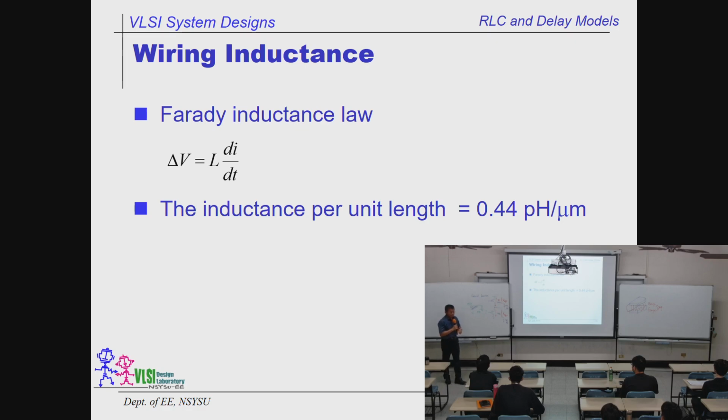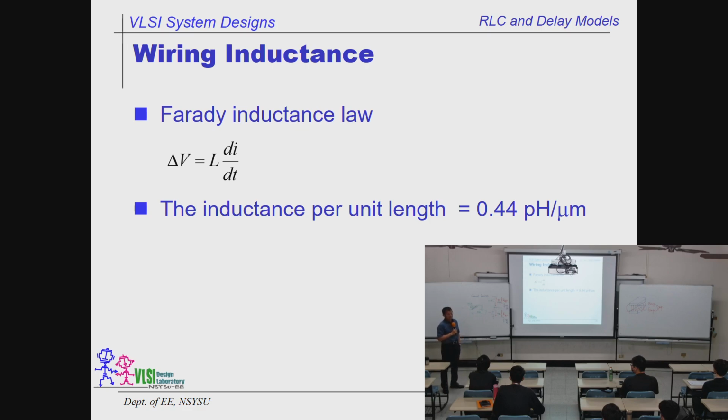If this happens at the ground, because we have a lot of ground pins around the chip, you will find the ground voltage level in that chip fluctuates as well. It's called ground bounce. It's just like this building was hit by an earthquake and the ground floor is shaking. Then you are not going to have a very clean signal inside your core circuits.